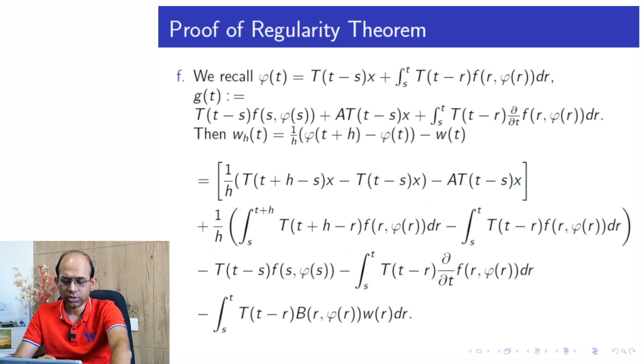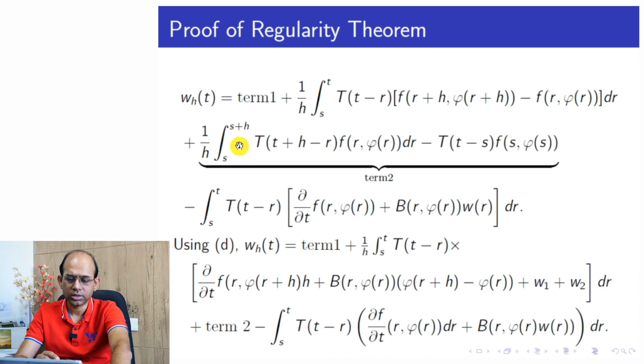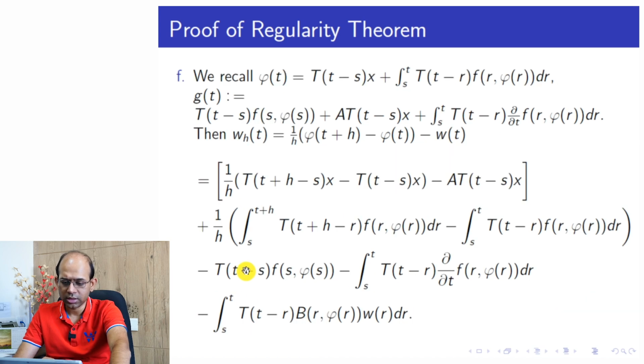So from here we are going to get this term, and then we are writing minus the next term. So next term is here. After this difference, we have this term minus capital T of t minus s f of s phi of s.